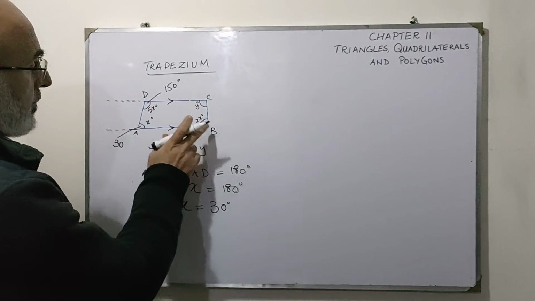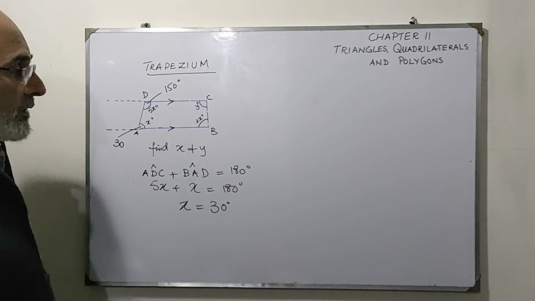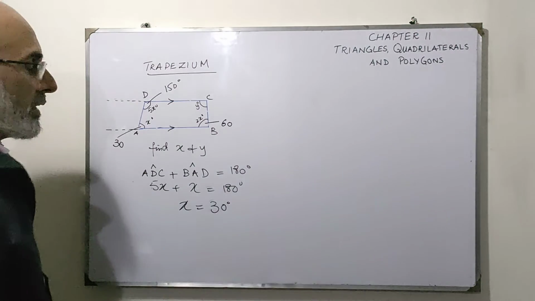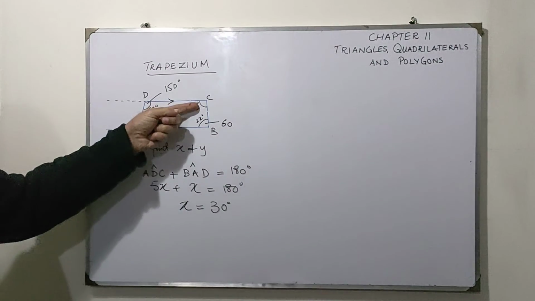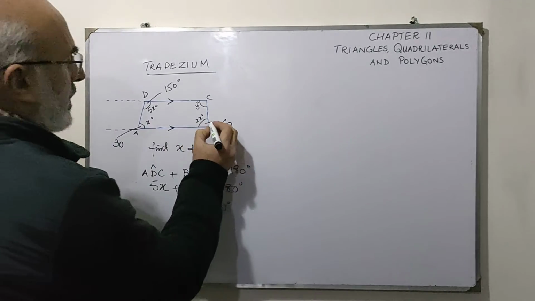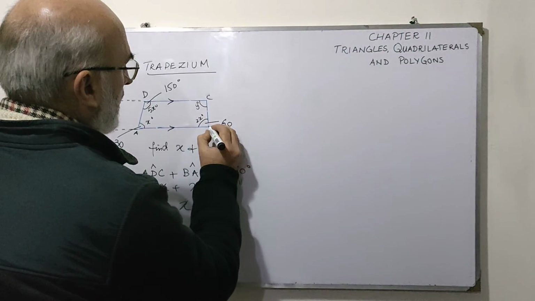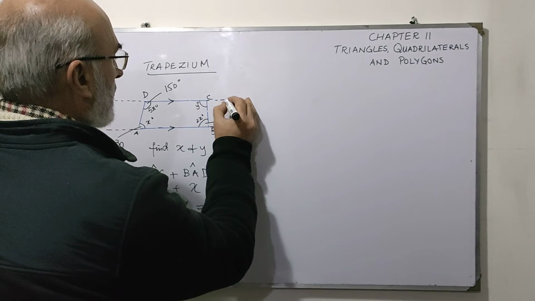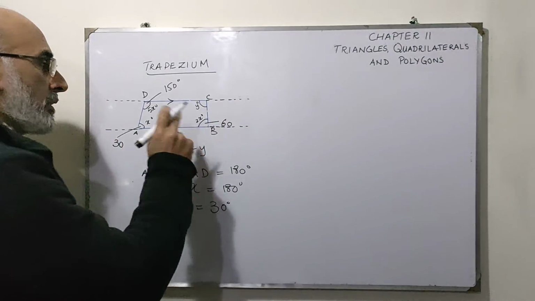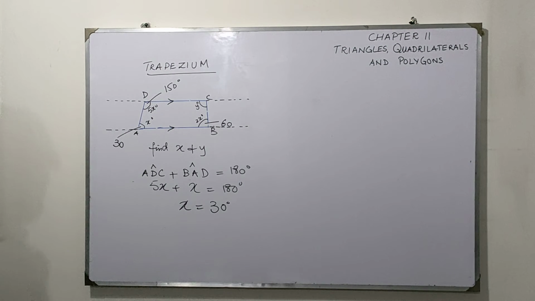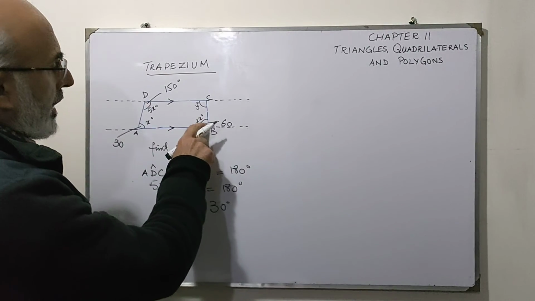And since we have found the value of x, this is 60. Now the only thing left is to find the value of y. Now for that, if I extend this line too, then this is a transversal between the two parallel lines. Okay, and the same property here.